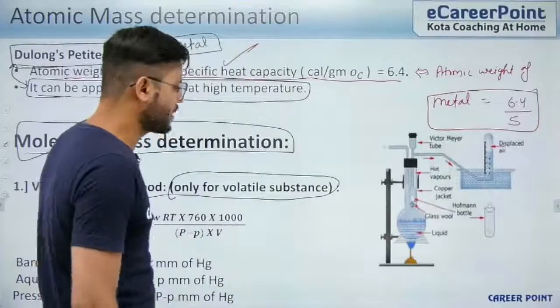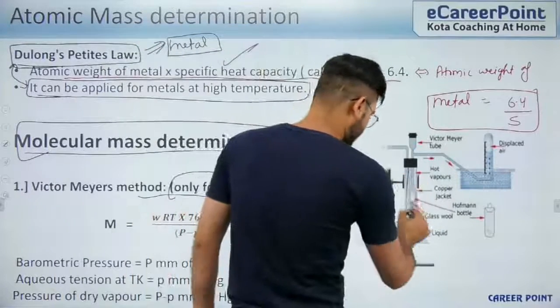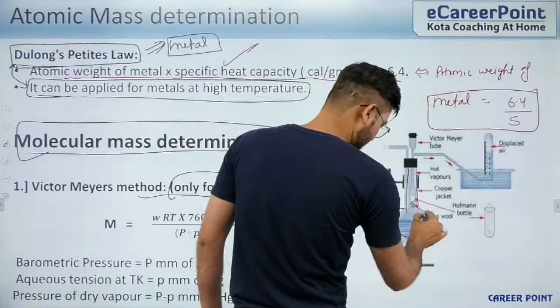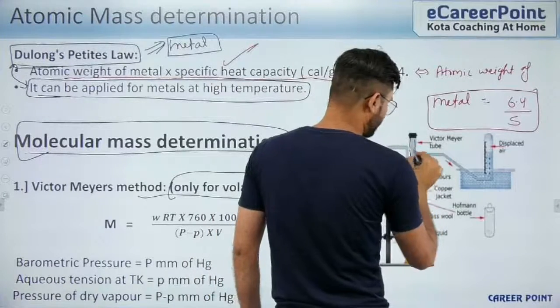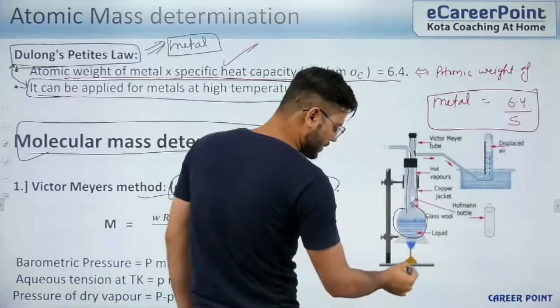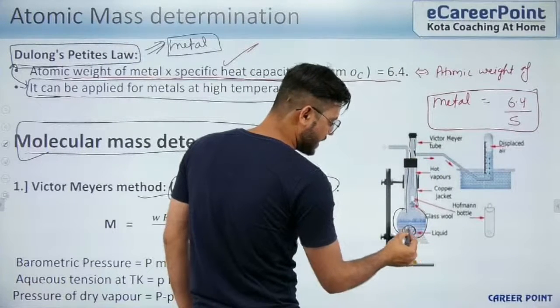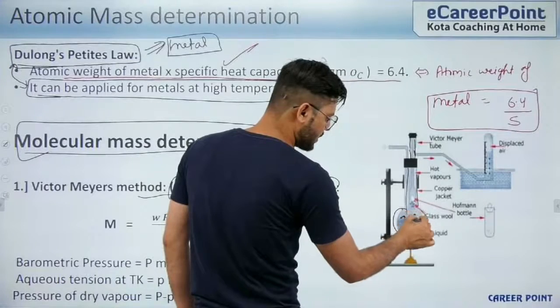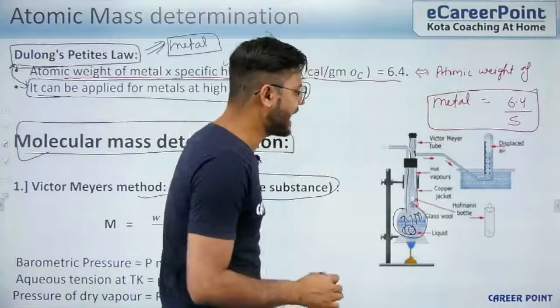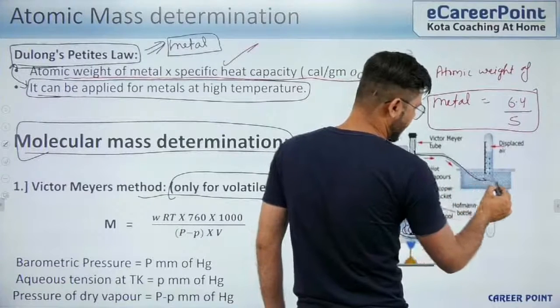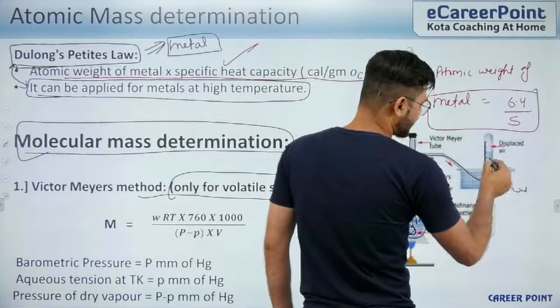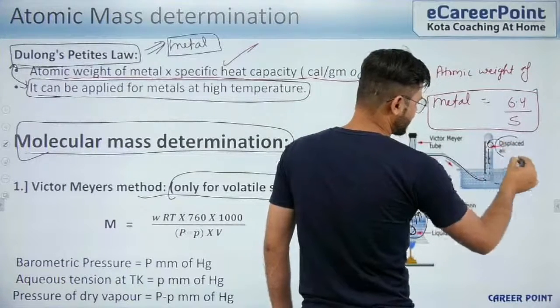In this case we have this, the Victor Meyer tube. What is happening is that we have the volatile substance here, which is vaporizing because of its volatile nature, and then it is going into the water and displacing some air.